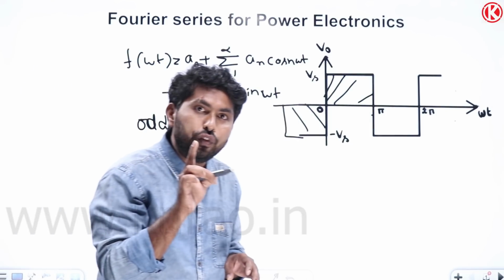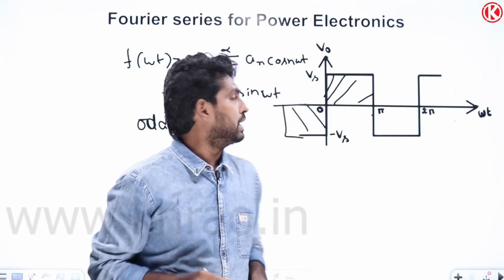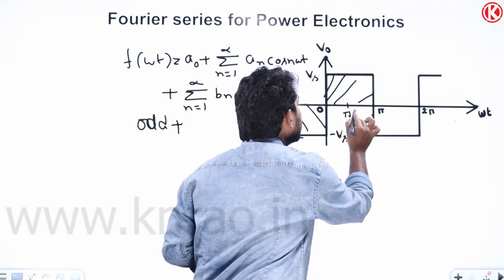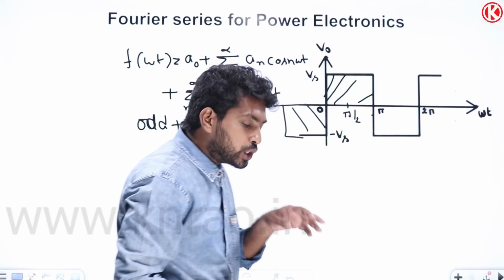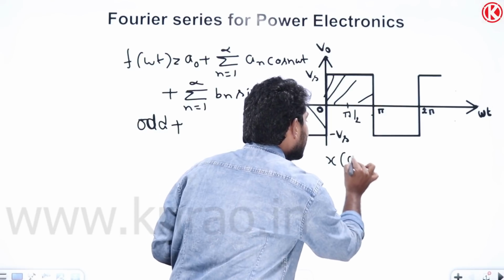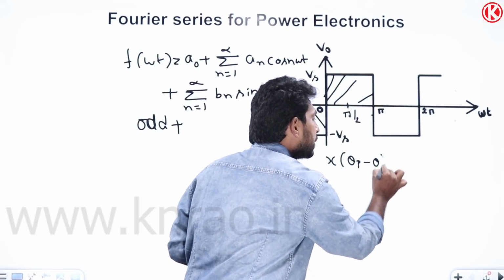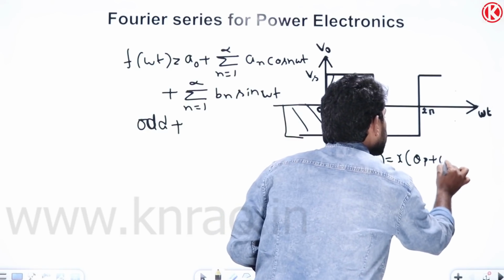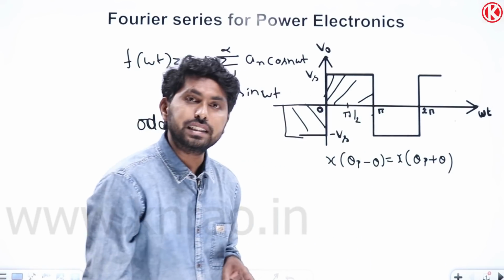Now we need to verify whether the quarter wave symmetry condition is there or not. What is quarter wave symmetry? It should satisfy the condition x of theta p minus theta equal to x of theta p plus theta. What is theta p here?